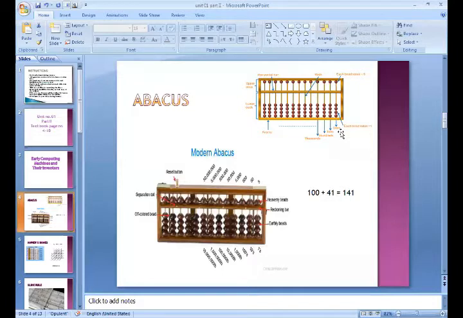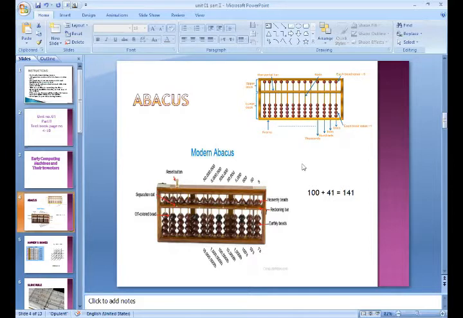It is used for units, 10s, 100s, 1000s. One bead is one unit, and the second is one unit, and third, and fourth. So that is called the upper part. We have 2 beads and 4 beads.